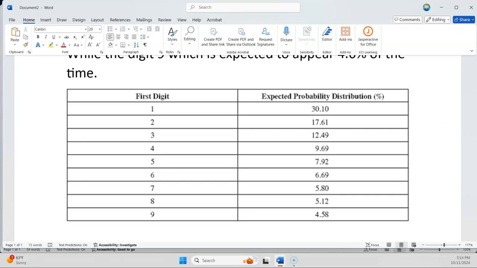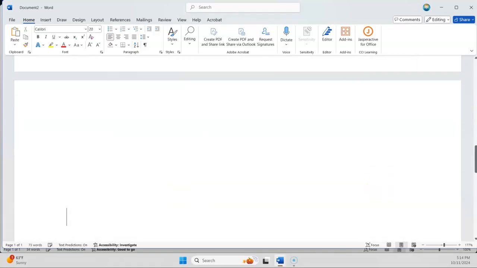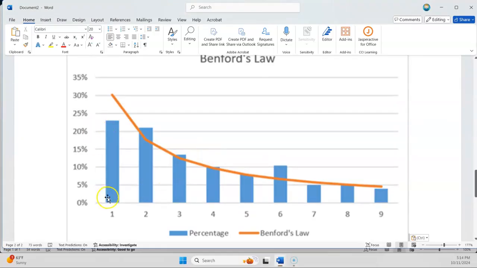And so how do we use something like this to determine fraud? Let me throw up a graph here that has plotted some data against Benford's law. So if I had something like this graph here, you can see the blue bars are the percentage that the first digit appears, and then this orange line would be the data that we've plotted from Benford's law.